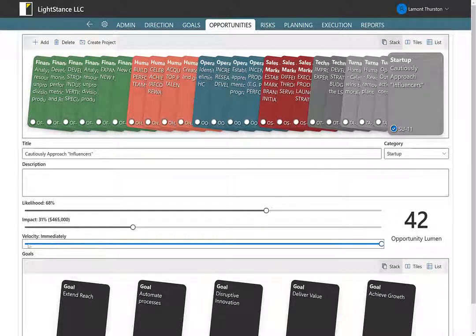If it could happen immediately or over the course of a quarter to, for example, align ourselves with an influencer to help put our product or our service in front of hundreds of thousands, if not millions of people. And then if it's a longer term process, like the aging of our workforce demographic or what have you, that drives a prioritization score that can be doubled with a sense of immediacy.